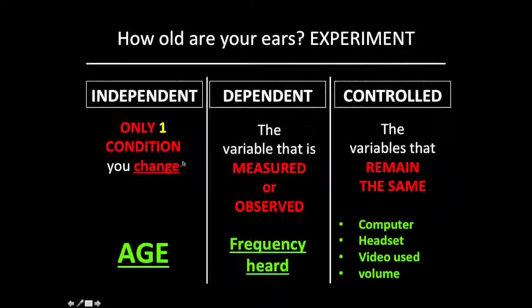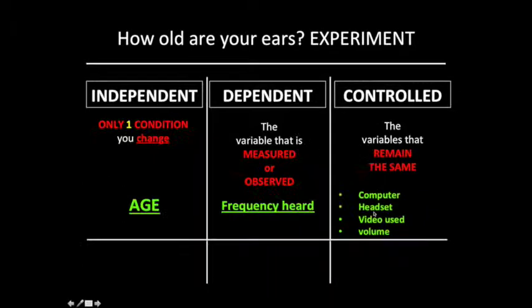Okay, so remember, independent is only one condition you change. And because we change this, the variable was affected, and then everything else in the experiment needs to remain the same. Okay? So let's look at this experiment again. Remember, the independent variable is the only one condition you change. Okay?